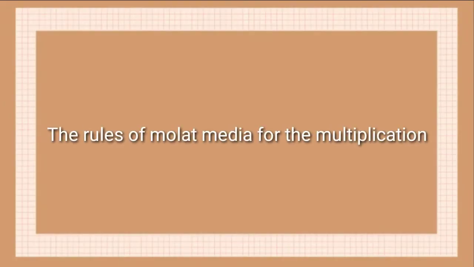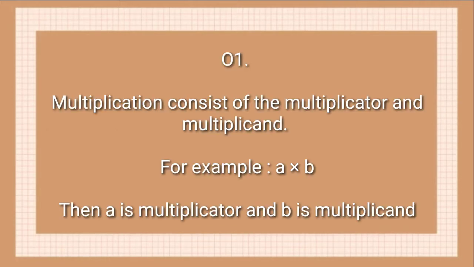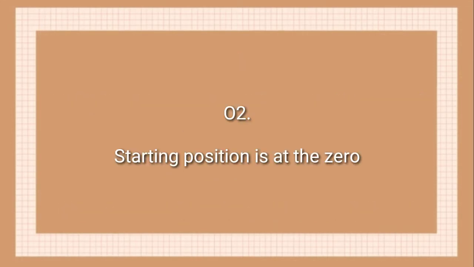Now we have the rules of this MOLAD media for multiplication. Multiplication consists of the multiplicator and the multiplicand. For example, A multiplied by B, then A is the multiplicator and B is the multiplicand. The second, the starting position is at the 0.